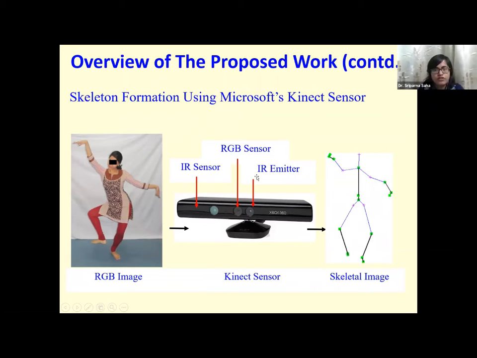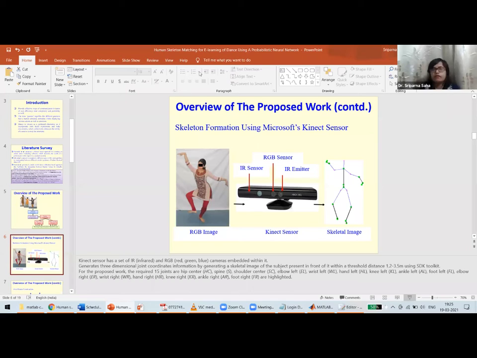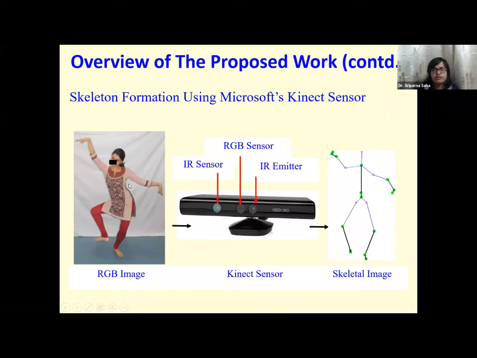Okay, so this is the IR sensor basically, and this is the Kinect sensor. After processing the dancer's information, the skeletonized image is given over here. In this skeletonized image, 20 body joints are present. This is how the skeleton is formed using the Microsoft Kinect sensor.